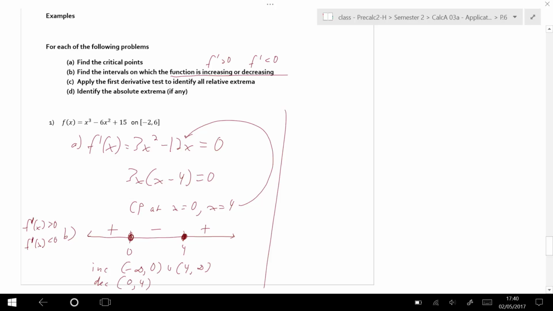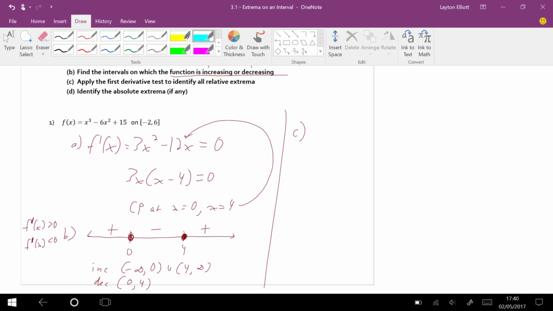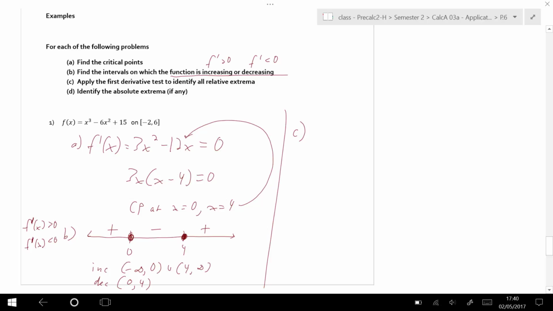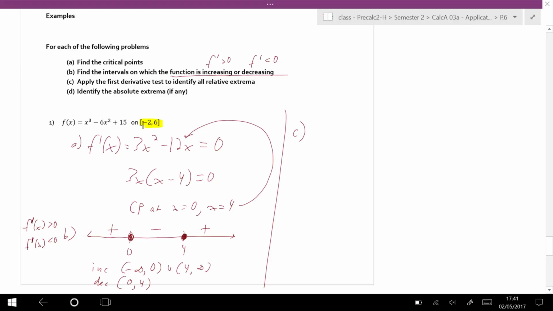Okay, next question asks, apply the first derivative test to identify any relative extrema. For any relative extrema, I know that my candidates are endpoints, which we don't have because this is infinite. No, we do have endpoints, my bad. This is on negative 2, 6.